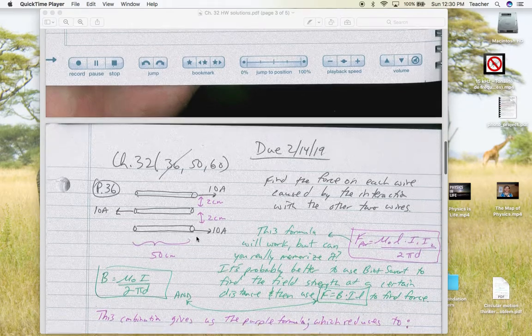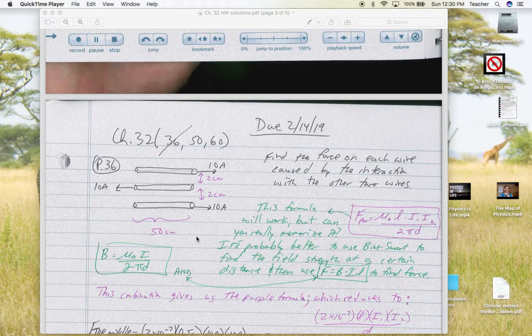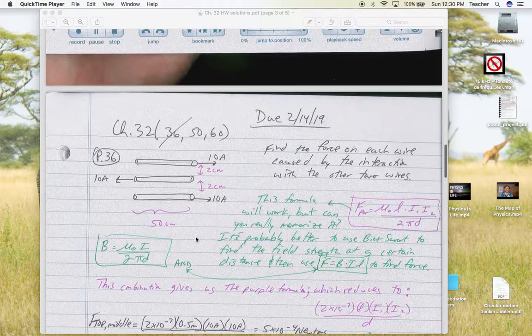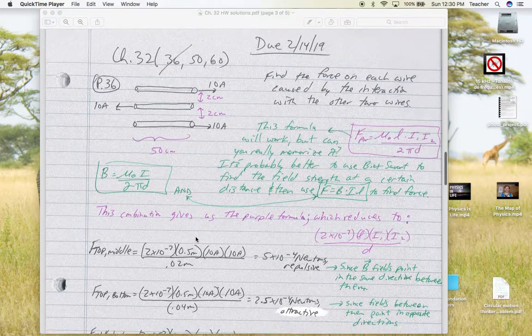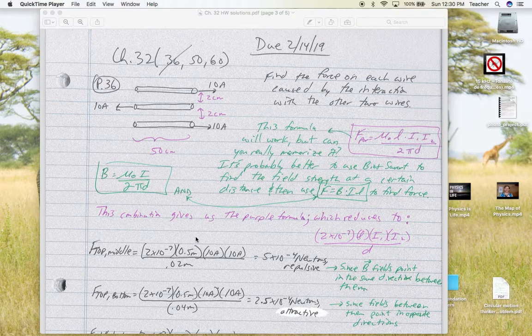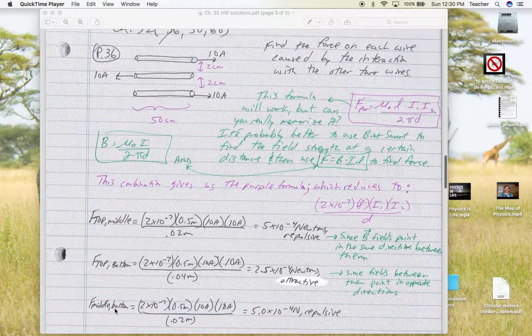Take a look at 36. 36, I did an example in class. Here we're looking at forces on the wires. Again, I think I showed a lot more work than I probably needed to. And I essentially was figuring out the forces between the top and middle wire, top and bottom wire, bottom and middle wire.